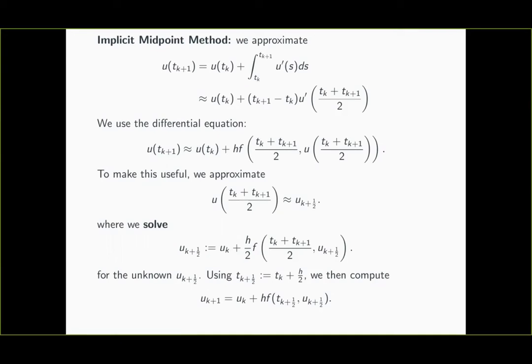So at each iteration, having already obtained uk, I first use the implicit Euler method with 1/2 of a time step to obtain uk plus 1/2, which is an approximation of u at the middle of the time interval. And then I feed this into the midpoint rule to obtain my next iteration, uk plus 1.